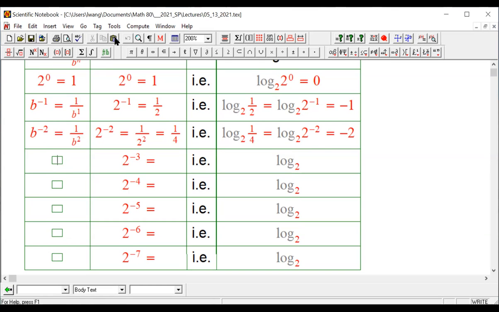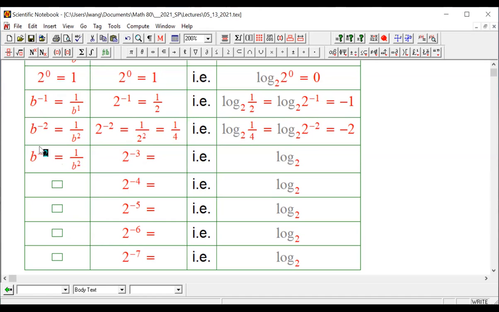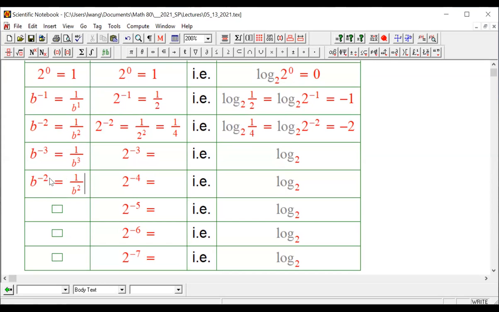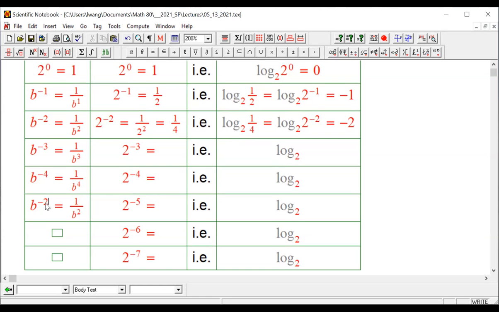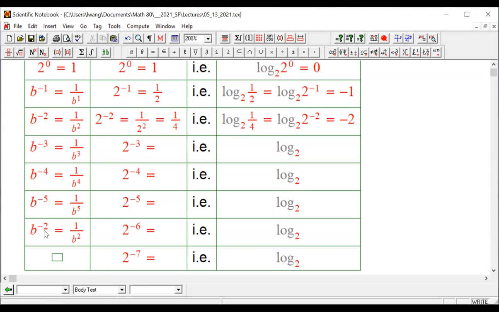To work these out, this is a -3, and this is 1 over b to the power 3. And this is a -4, and this is 1 over b to the power 4. And this is a -5, and this is 1 over b to the power 5. -6, 1 over b to the power 6.